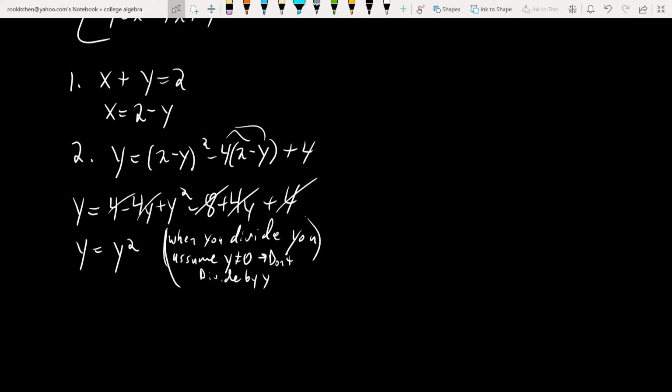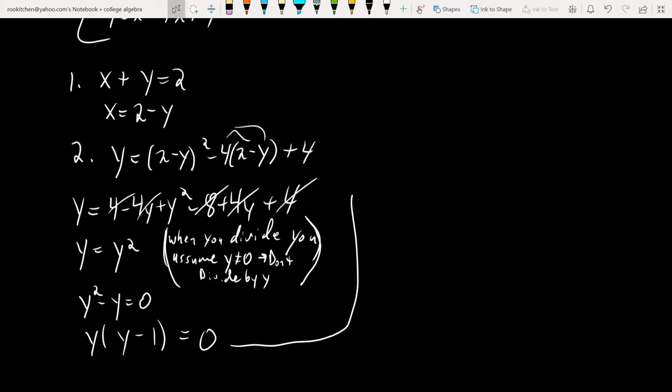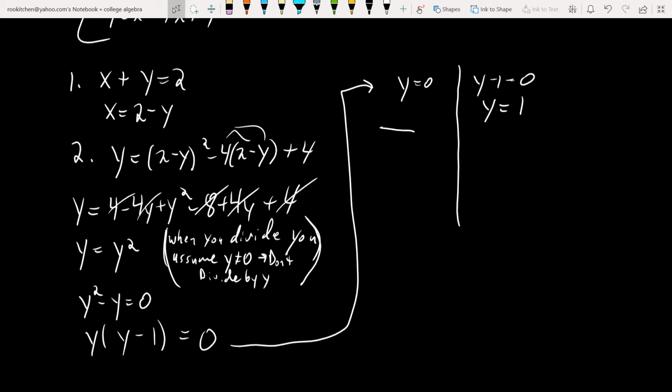Instead, what you do is set the thing equal to 0, so I'll have y squared minus y equals 0, and then factor it. Then set each part equal to 0, so y equals 0, or y minus 1 is 0. So y is 0 or y is 1, and then we can back sub to get our other solutions.